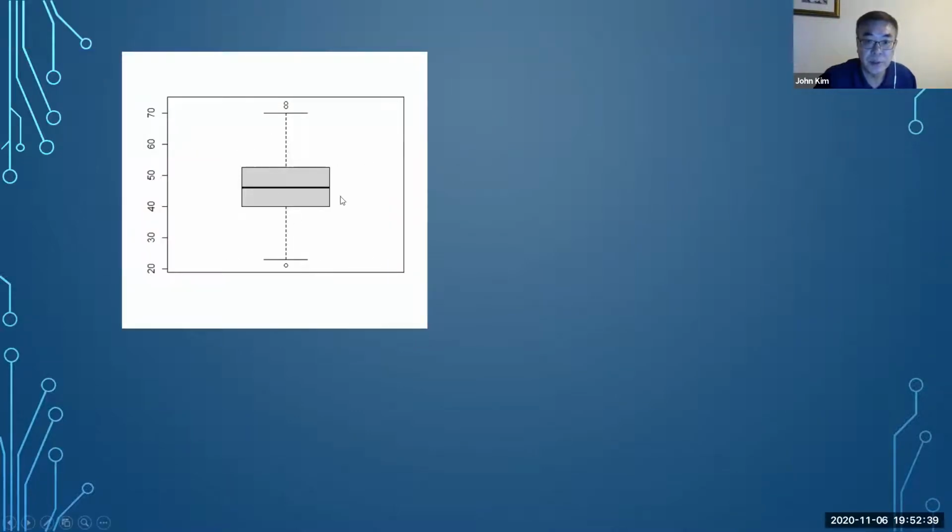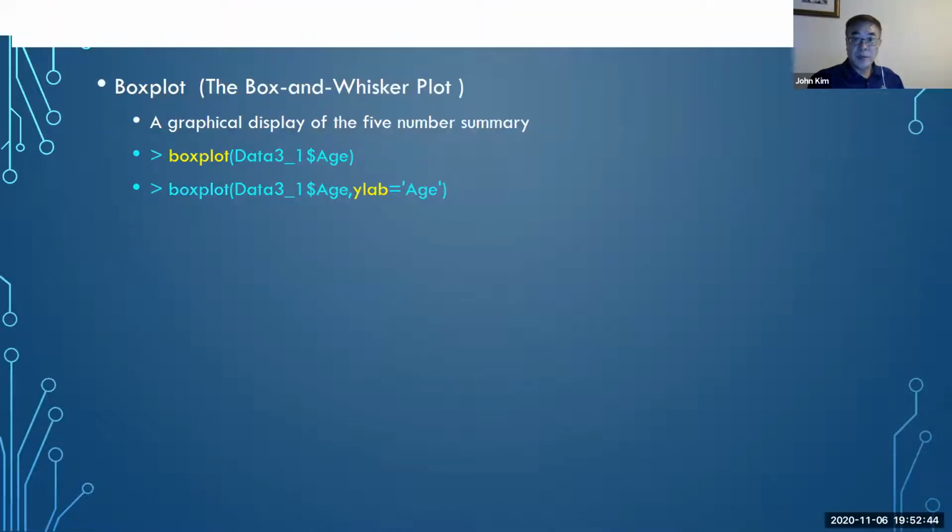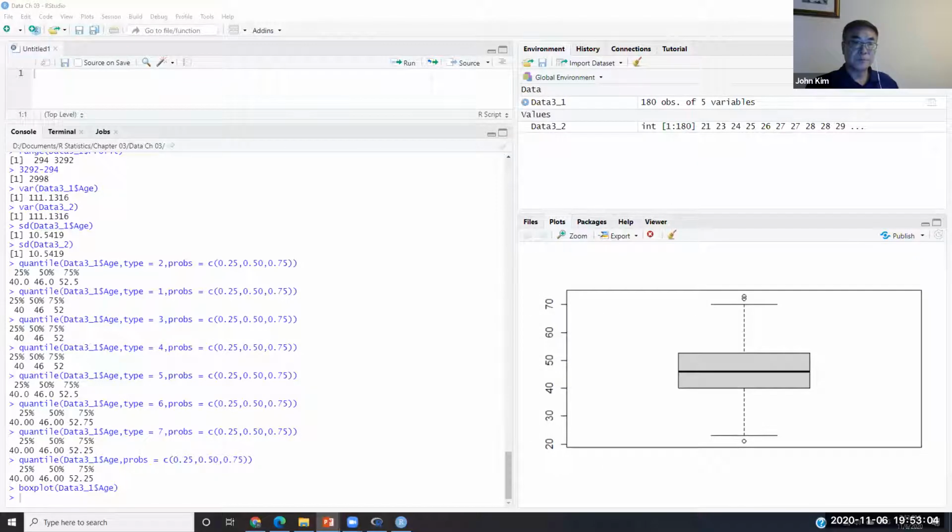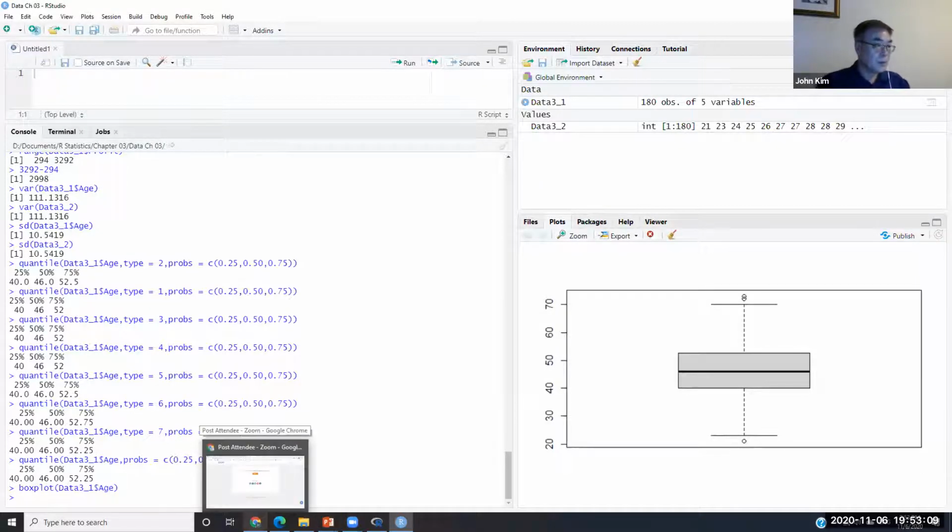So I draw using the simple one. And then we can add the axis name. So y-axis label age. So add the name. I will type everything again. So copy.